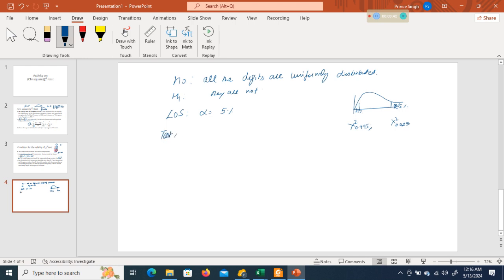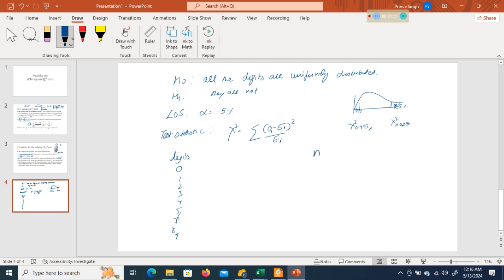In this case the test statistic will be chi-square equal to the summation of (observed frequency minus expected frequency) squared, divided by the expected frequency, right? Now, because in this case we are given the digits, the digits are basically from 0 to 9: 1, 2, 3, 4, 5, 6, 7, 8, 9. So the total number of possible values is 10 only.